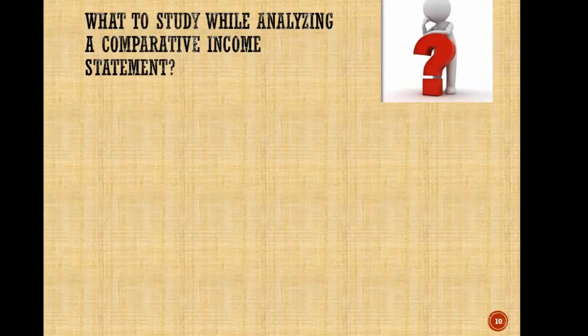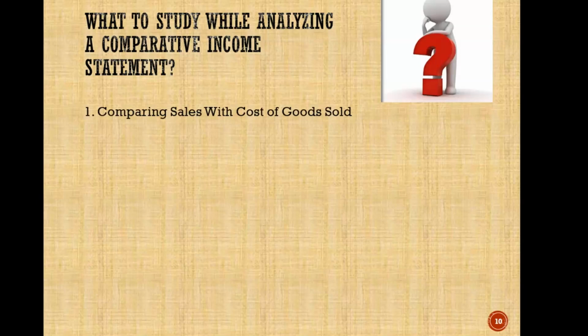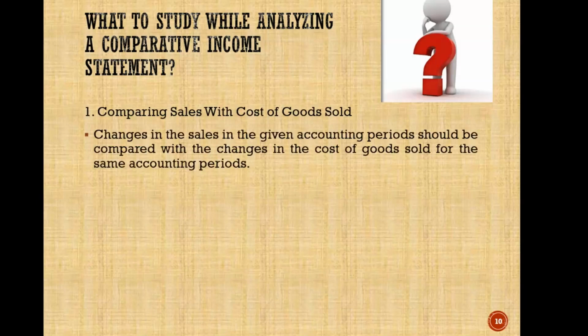So what to study while analyzing a comparative income statement? First, comparing sales with cost of goods sold. Changes in the sales in the given accounting period should be compared with the changes in the cost of goods sold for the same accounting period.